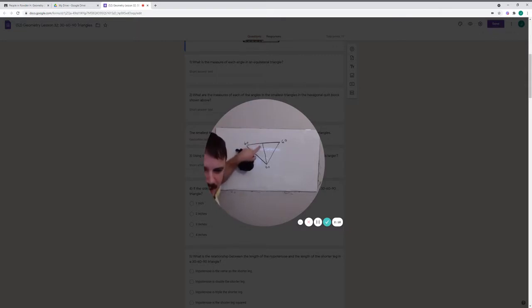Since we cut it in half, this angle right here is 90. And then this was a 60, but it got cut in half. So each angle in there is 30, all right? So this is why what we have is called a 30, 60, 90 triangle.